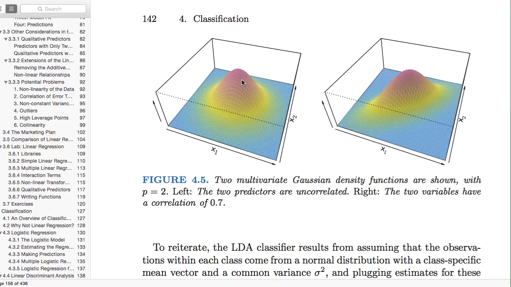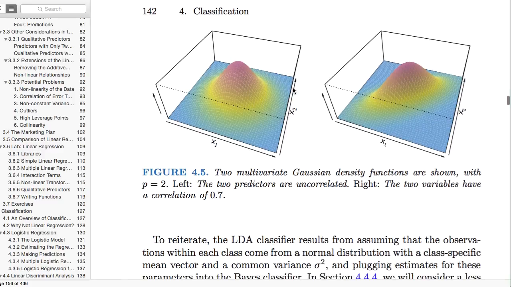So here's a multivariate picture where we have two predictors, x1 and x2, and these two predictors happen to be uncorrelated. So if we looked straight down on this, we would see a perfect circle here. These two are correlated. They have a Pearson correlation coefficient of 0.7, and so if we were to look straight down on this, we would see an oval pointed toward the upper right-hand corner and the lower left-hand corner.